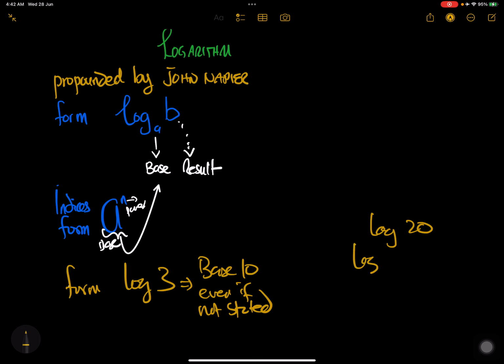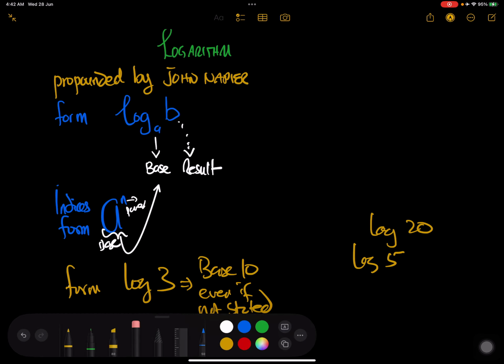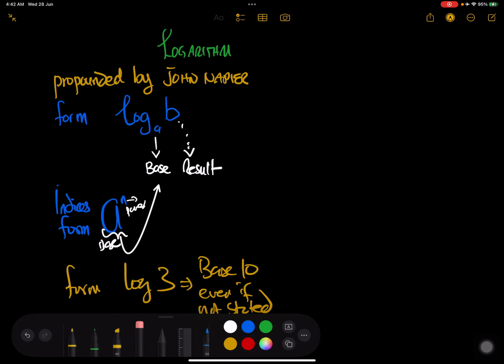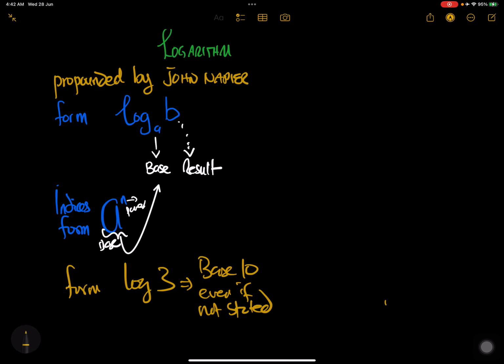If we write log 5, it means we are working in log base 10. So I just wanted to keep that at the back of our minds as we continue this journey together.